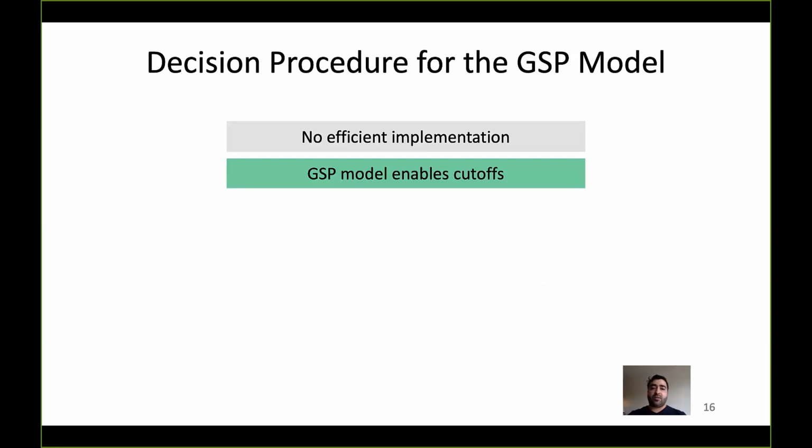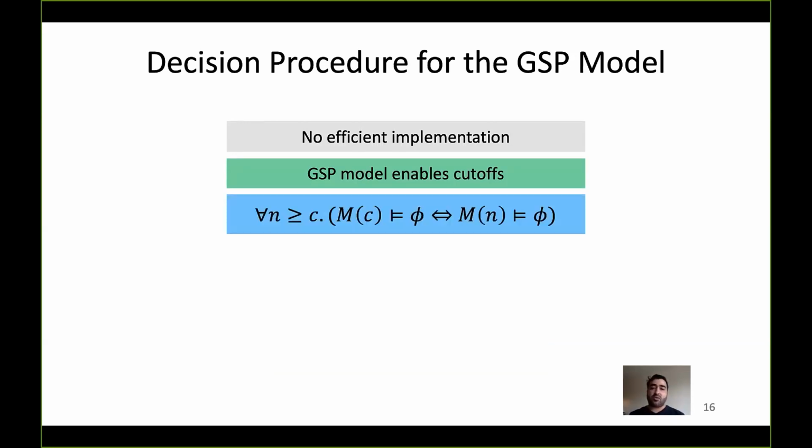On the good side, it turned out that the GSP model actually enables cutoffs. And a cutoff is really nice because you can reduce the parameterized verification problem into a verification problem over a fixed finite number of processes, say C. So if you prove the correctness for this number of processes, then your system is correct for any number of processes.